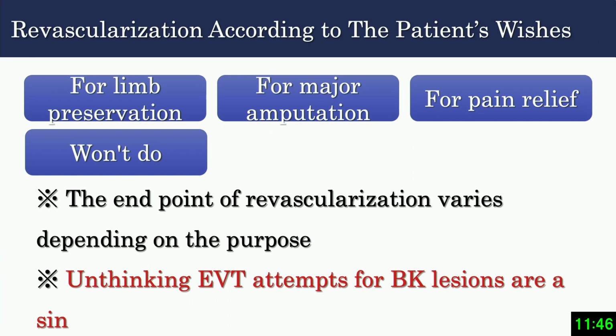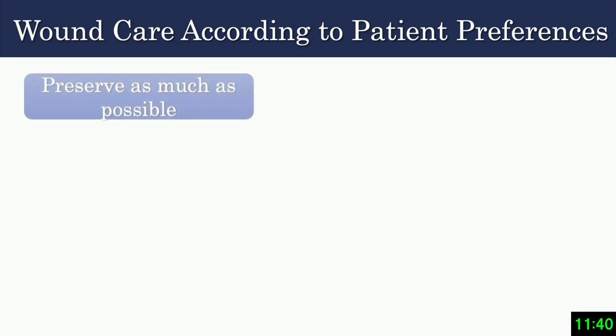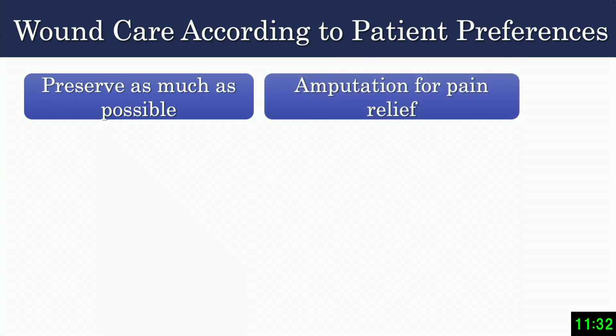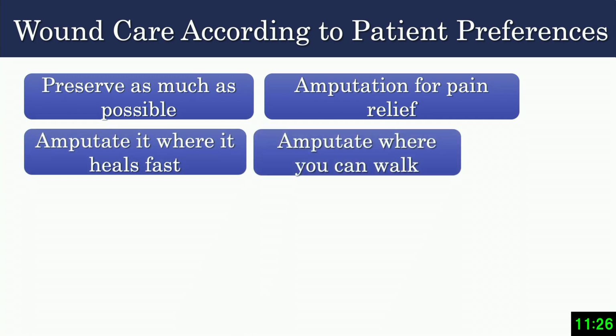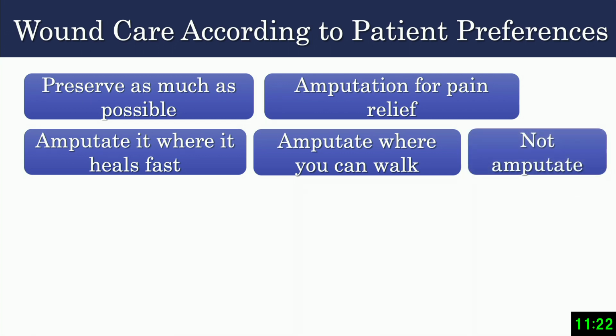So unthinking EVT attempts for BK lesions are seen. Wound care is done according to the patient's preference, preserving as much as possible. Options are amputation for pain relief, amputation where it heals first, amputation where you can walk, or not amputating.